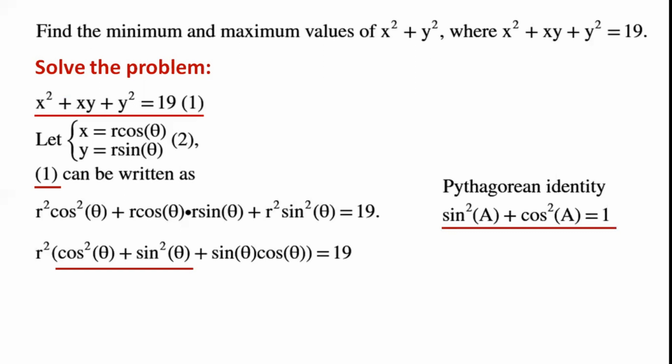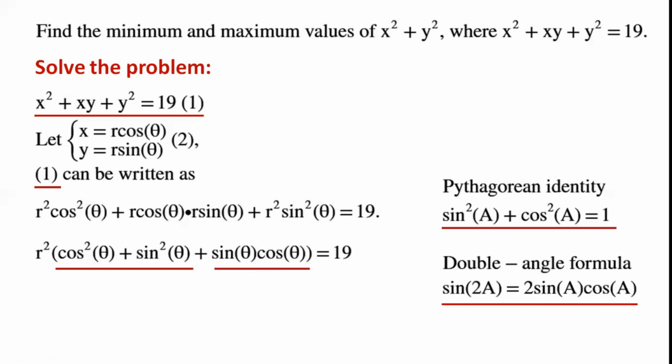Pythagorean identity: sine squared a plus cosine squared a equals 1. So cosine squared theta plus sine squared theta equals 1. Double angle formula: sine 2a equals 2 sine a cosine a.